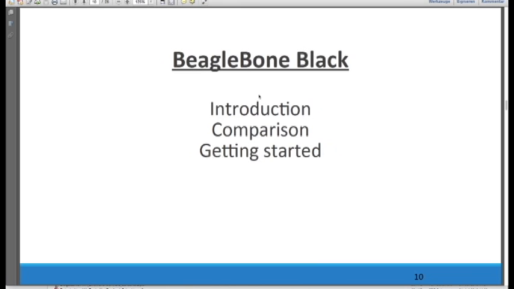It doesn't matter which kind of programming language you choose. And when working together with sensors, the BeagleBone Black gives you a huge amount of possibilities where you can build your own applications easily.